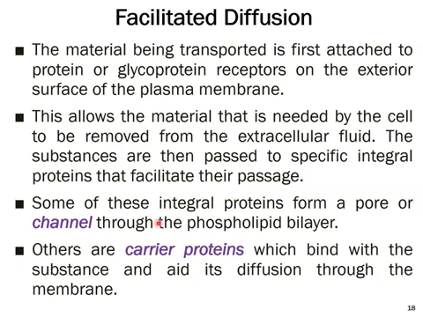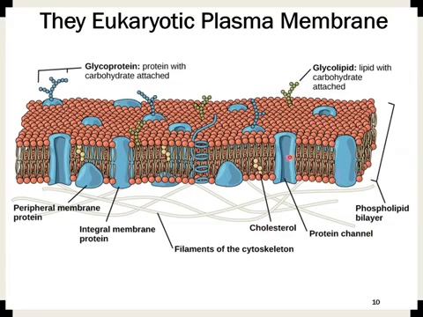Some of these integral proteins form a pore or a channel through the phospholipid bilayer. We just learned about these pores. You can see that they have a specific pore or a passage which lets things pass through the bilayer.